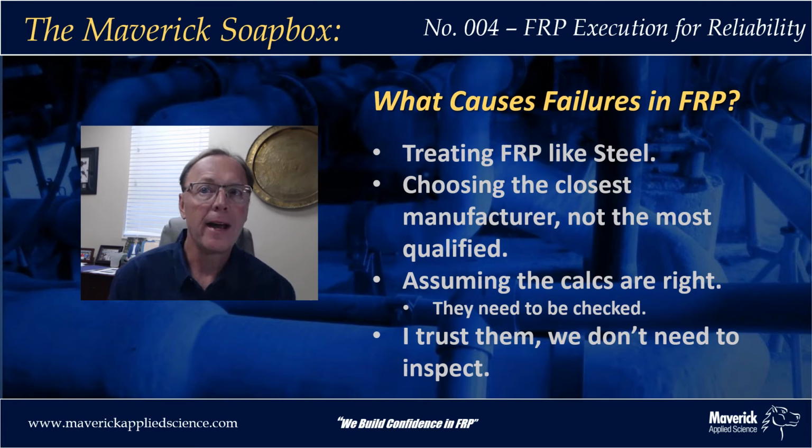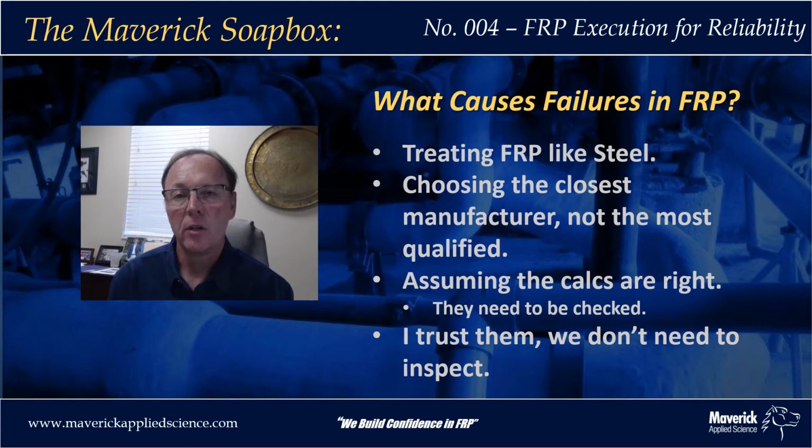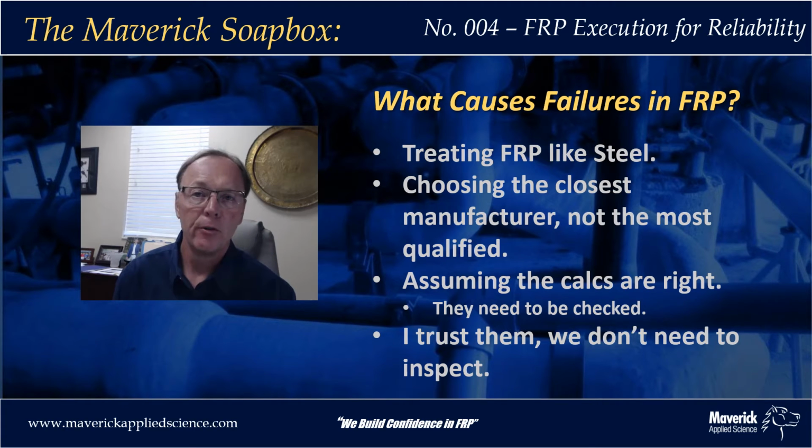So circling back, what causes failures in FRP? Here are some further examples. Treating FRP like steel. This could be in the engineering phase or could be in the installation phase by a contractor. Also, the temptation to choose the closest manufacturer, not necessarily the most qualified. The closest has lots of capabilities, but they're not always in production a lot of times.